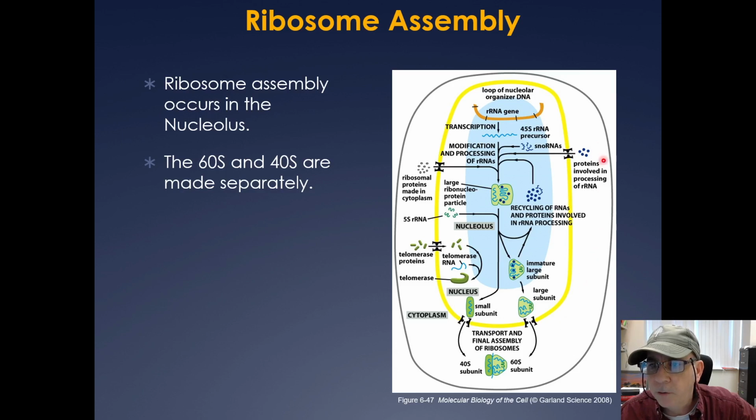You also have proteins being imported and mRNA being exported out of the nucleus. So once again, the nucleus is a highly organized and dynamic structure, with things coming in and going out all of the time.